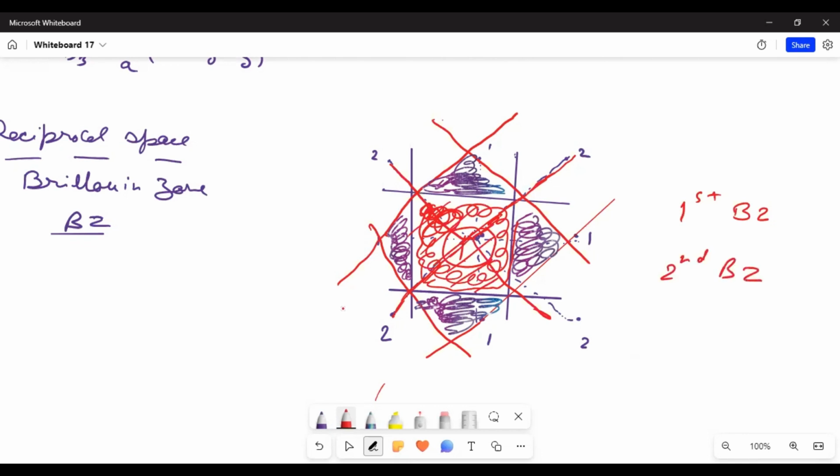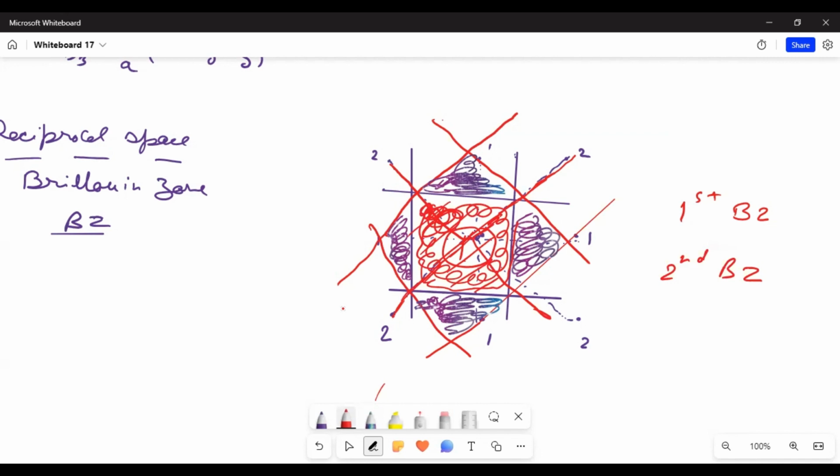So the first Brillouin zone is the region closest to the first nearest neighbors, and for the construction of the second Brillouin zone, we take the second neighbors. The condition is that it should cross the first Bragg plane only once.